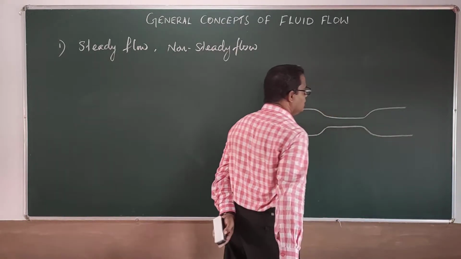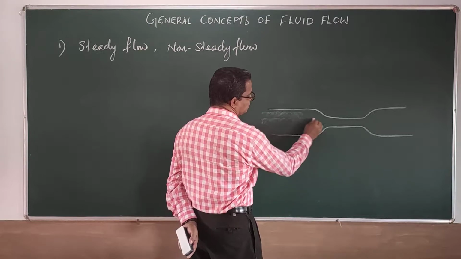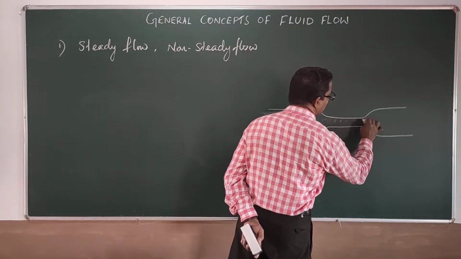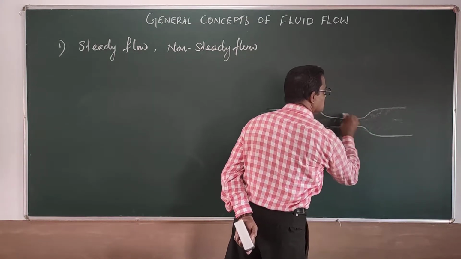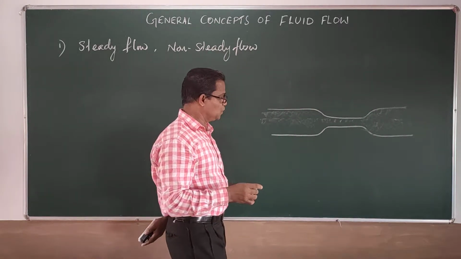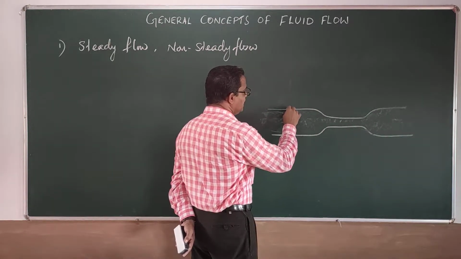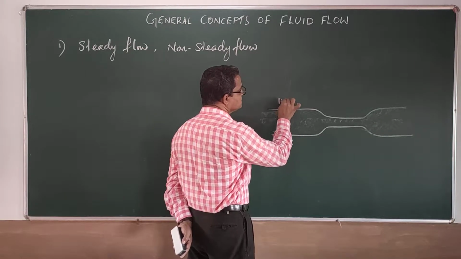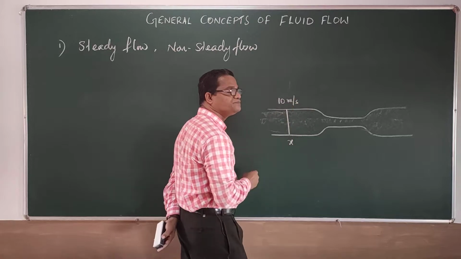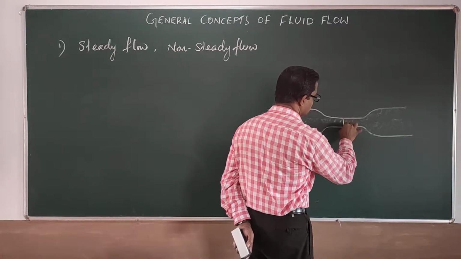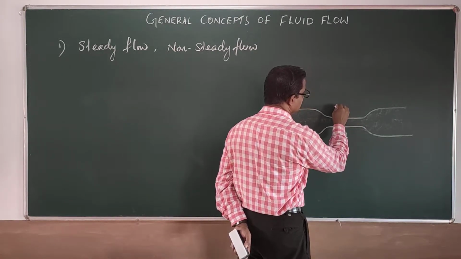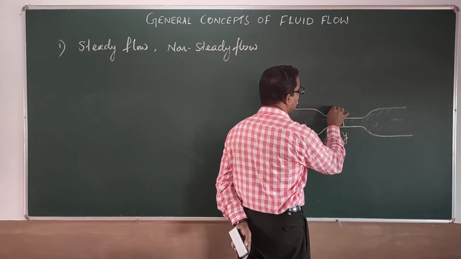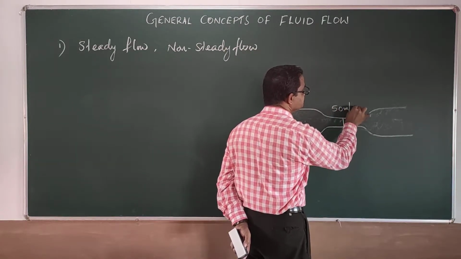As the liquid is flowing through this, steady flow says that at this cross section x, there will be a velocity of 10 meter per second. And here at this cross section y, there will be a velocity of 15 meter per second.